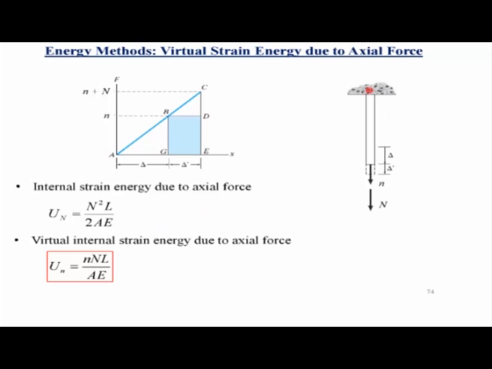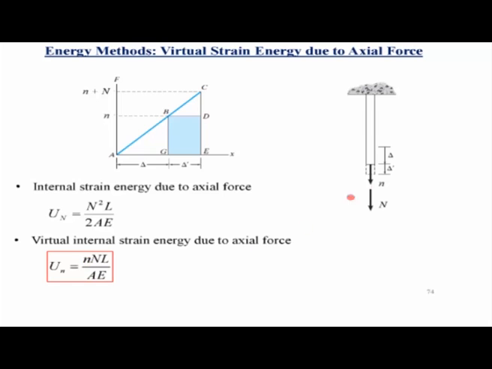When we talked about the axial deformations of a rod, you remember that the internal strain energy due to a gradually applied axial load N is given by N square L over AE. However, the virtual strain energy due to the axial load is given by capital N into small n into L over AE. So what happened in this case?